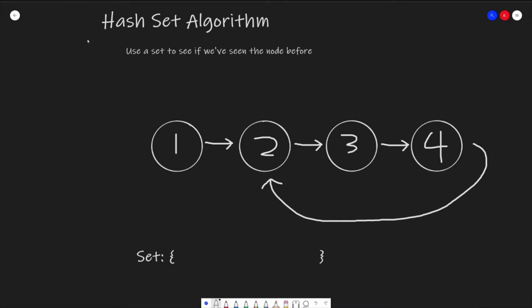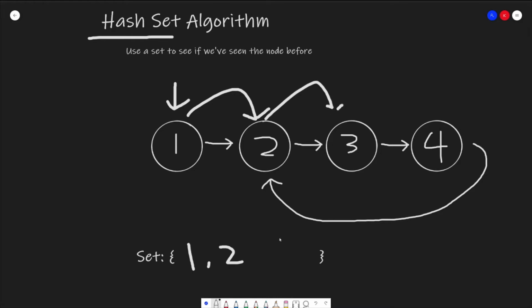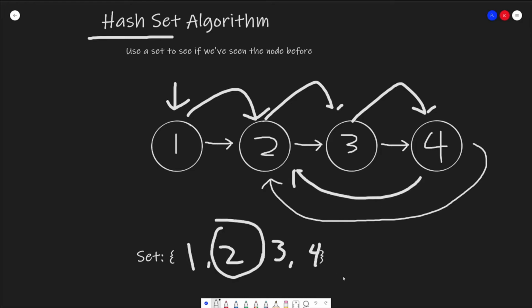The first strategy we can use to detect a cycle in a linked list is to use a hash set. A hash set gives us an O(1) lookup and an O(1) insert, so we can just traverse through our nodes, add each into our set, and just continue until we eventually find a repeat in our set, or we just reach the end of our linked list.